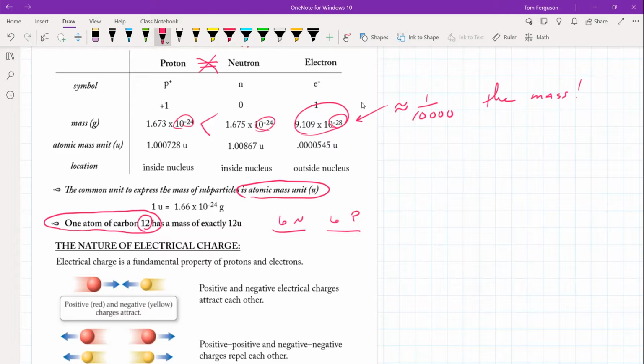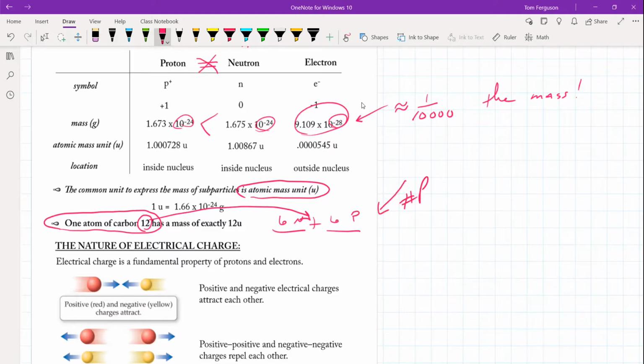I'm going to go into this in a lot of detail in a minute. But when we say carbon 12 or carbon 14 or whatever, that is the combination of protons and neutrons. Okay? So that number is based on how many protons, how many neutrons.